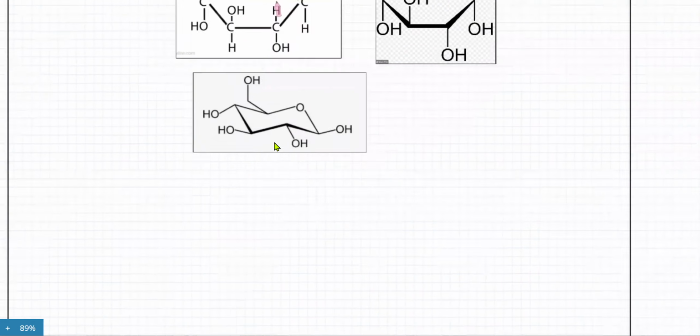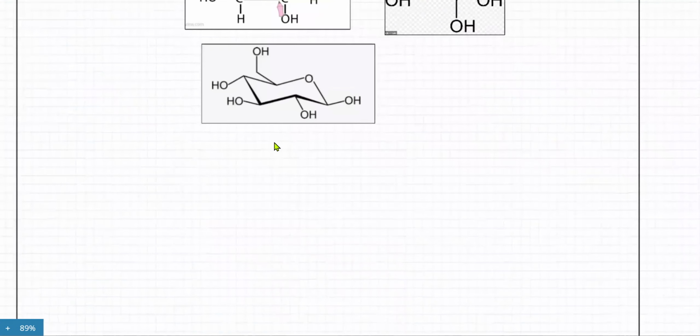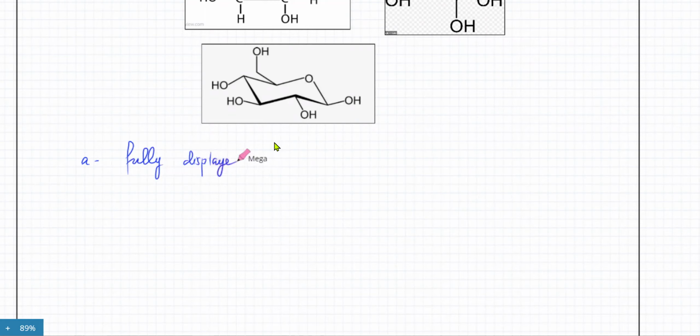The first one, number one, is known as a fully displayed formula.